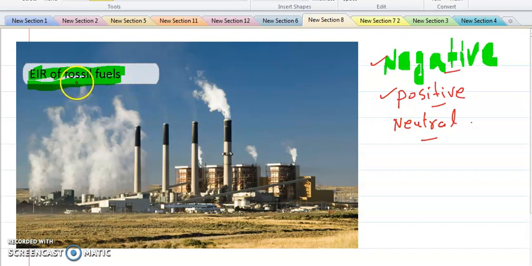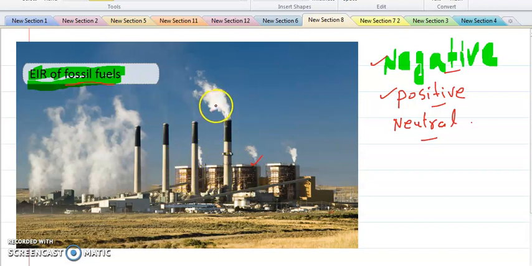So fossil fuel, in the last lesson, if you remember, we discussed that fossil fuels release a lot of carbon dioxide, methane, and other greenhouse gases. So it means we can say that the EIR, environmental impact rating, of the fossil fuels is negative because it is not environmental friendly, but releasing a lot of gases like carbon dioxide, greenhouse gases, methane, which are not environmental friendly. Like here in this picture, you can see in this power station, fossil fuels are being used.